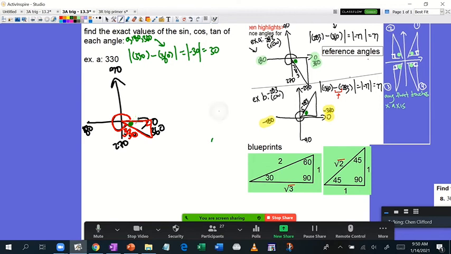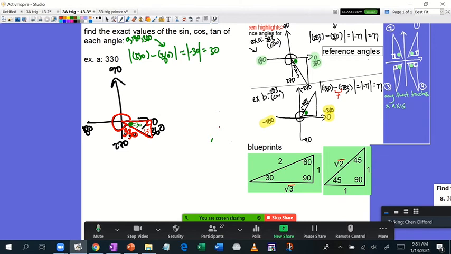This equals 30. So if this is 30, that's 90, that must mean that this right here is 60. So we solve for this green 30. That means this must be 60 because that's 90. So we're going to be using our 30, 60, 90 blueprint.